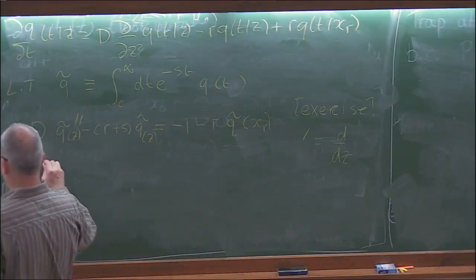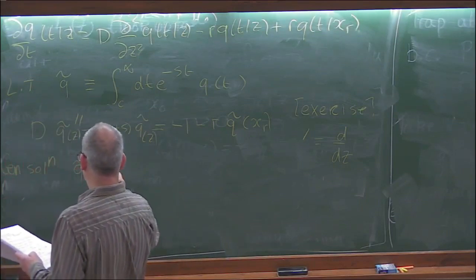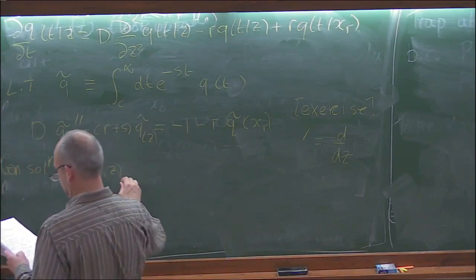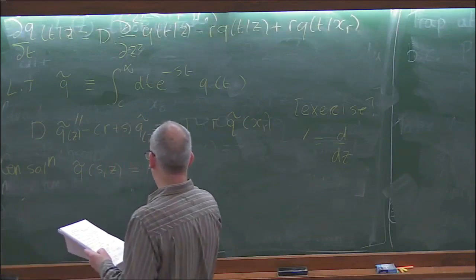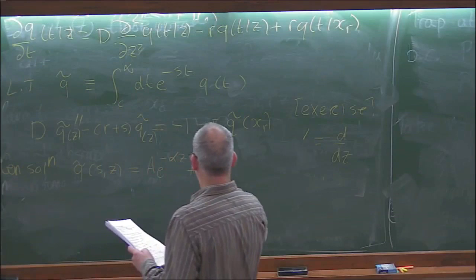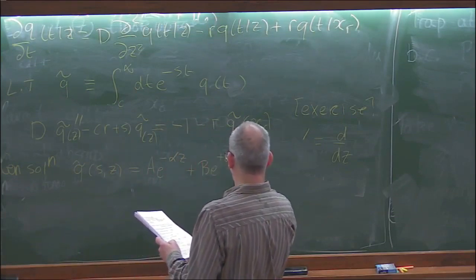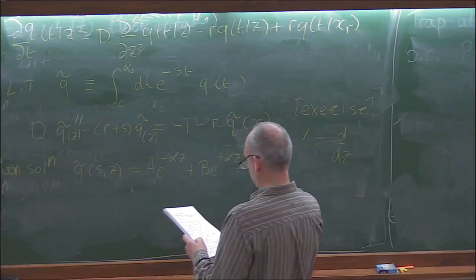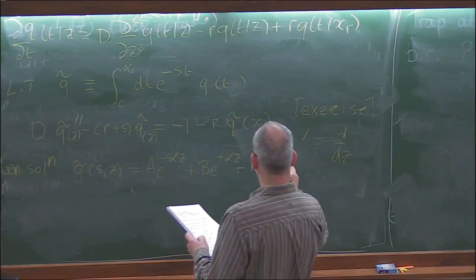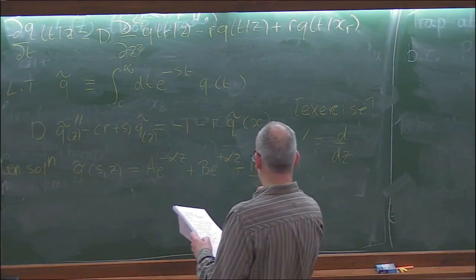So the general solution, Q tilde, let me put back in the S dependence to indicate that, is A e to the minus alpha z plus B e to the plus alpha z plus R Q tilde of S, x_R, over S plus R. And that's the general solution.